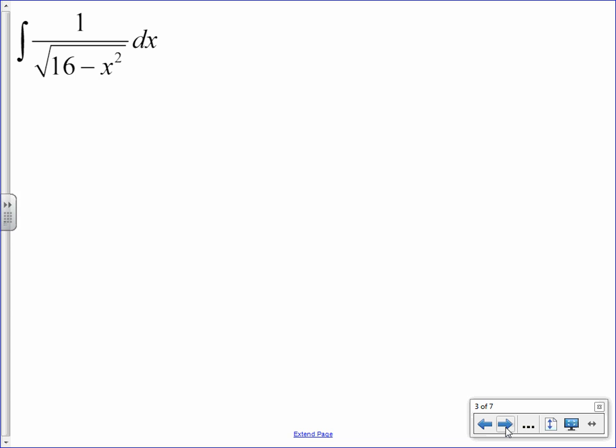Okay? And if you forget the arcsine rule, okay? So, since we have the square root of 4 squared minus x squared, we can let x be what? 4 sine theta. Okay?